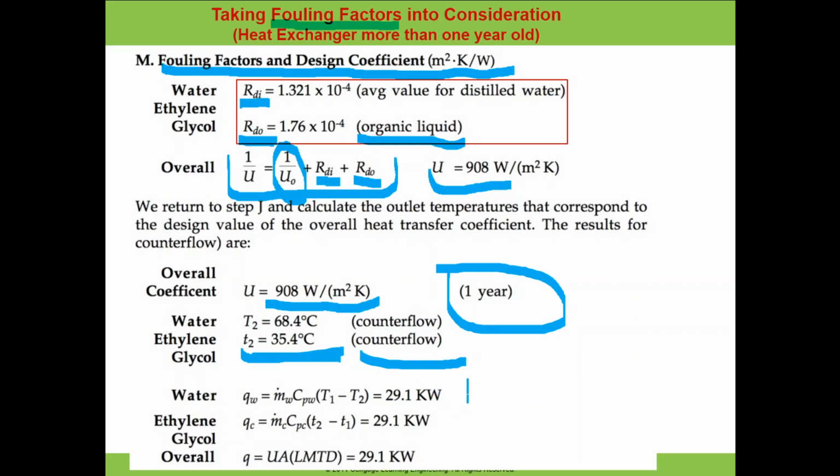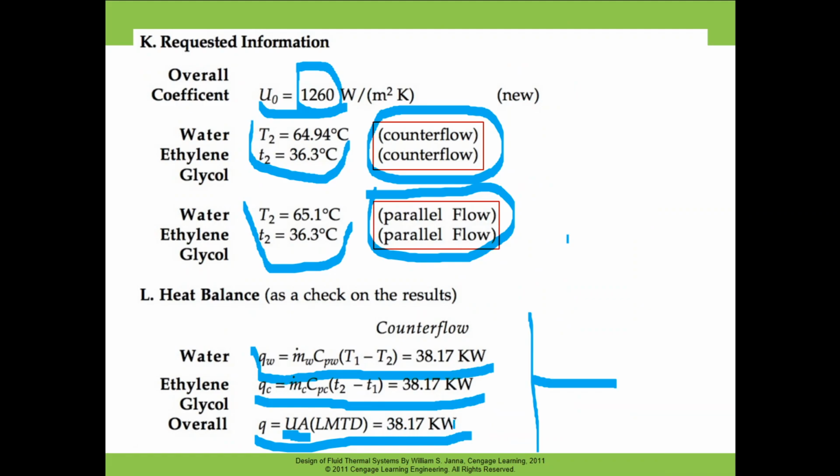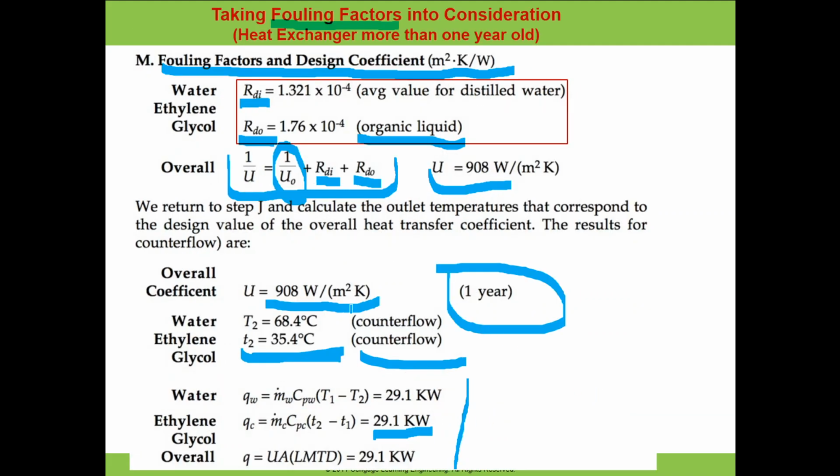Then you again make the heat balance, and you see that now it comes out to be 29.1 kilowatt, and before it was 38.17 kilowatt. That means the heat exchange between the two liquids is reduced when you take into account the fouling factor or fouling resistance.